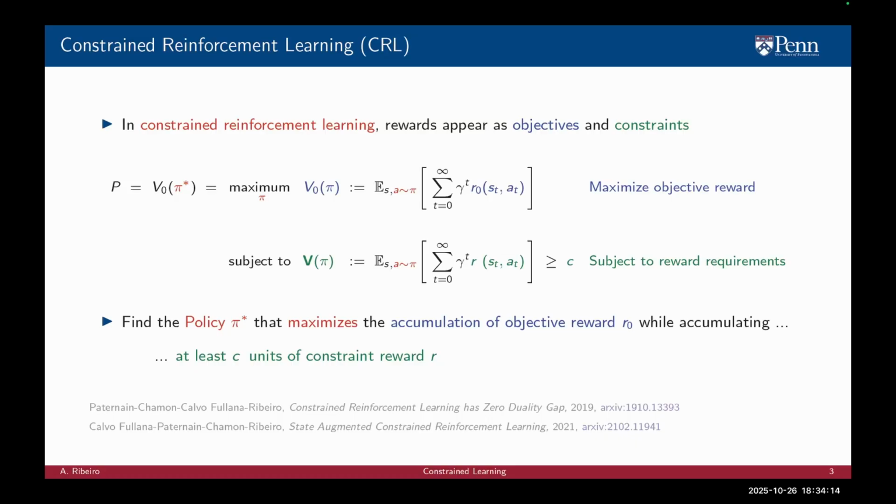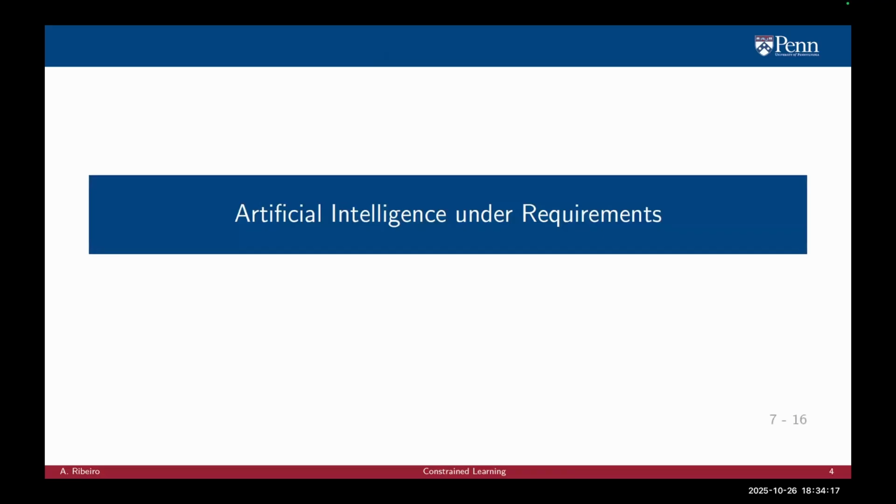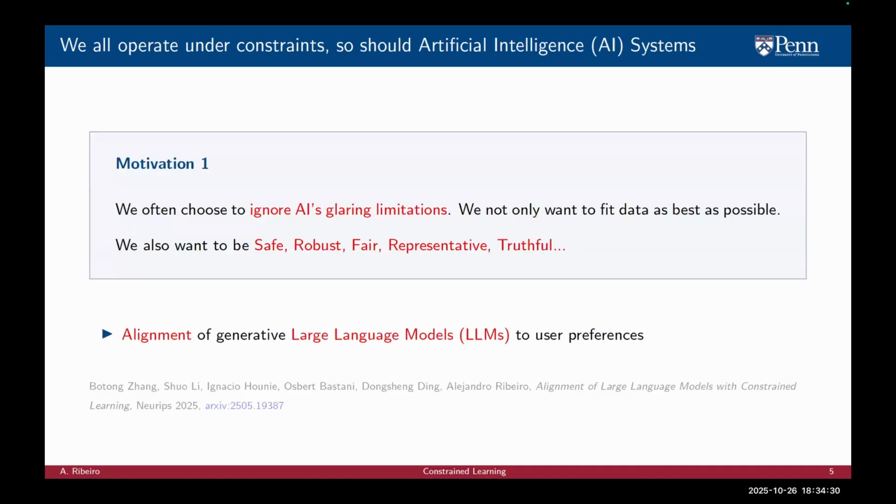Now these two are the problems that I want to solve. Before I tell you about the mathematics, let me tell you a little bit about where these problems arise, or why these problems are important.